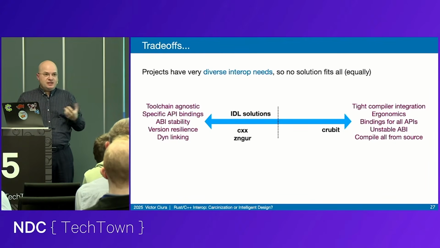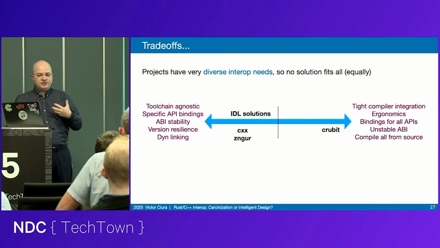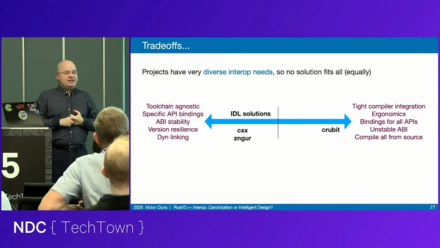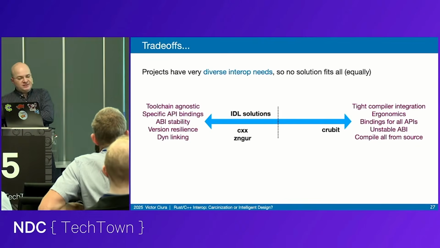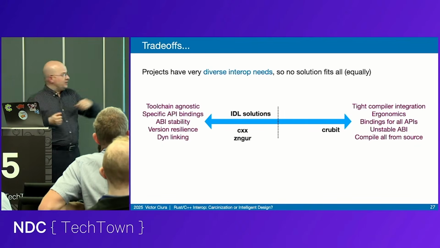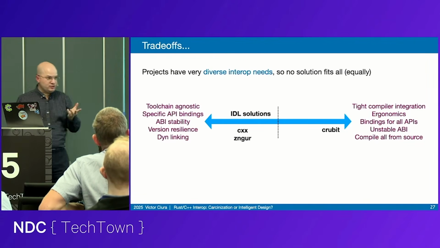But you rely on this unstable API story, on being in the camp of compiling everything from source. So if you're closer to that end of the spectrum, solutions like Krubit can fit better in your home. Whereas on the other side, things like CXX and Zengar can be a better fit. So it's a trade-off slider.